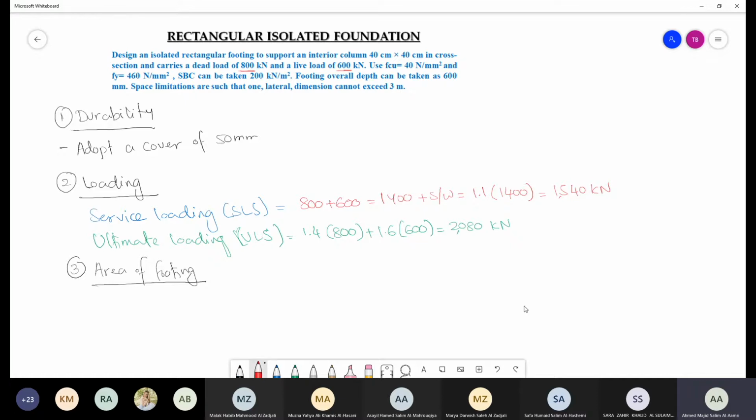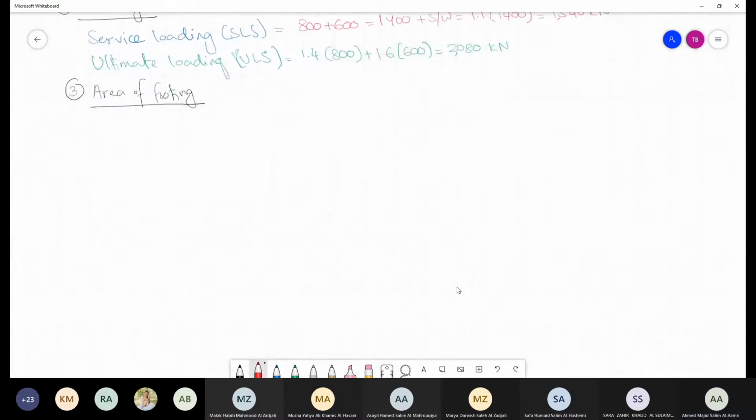What is the meaning of interior column? So I have a rectangular foundation.